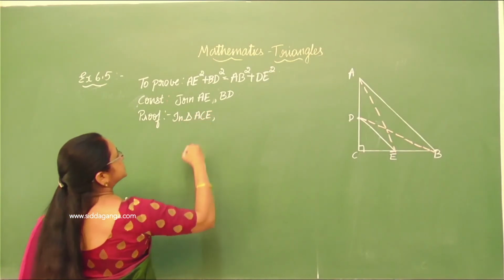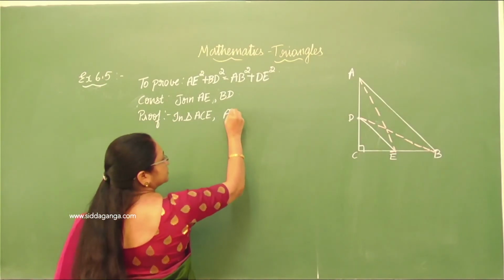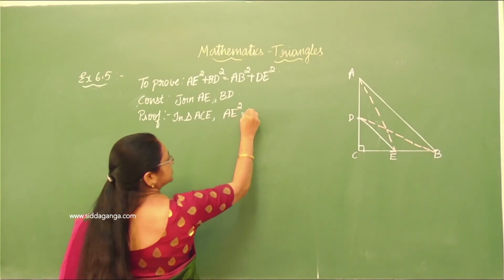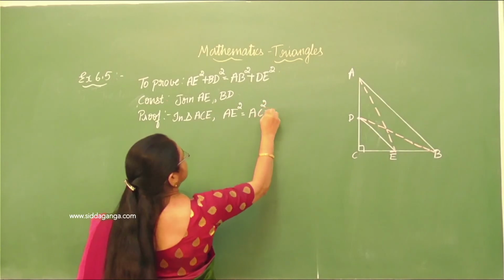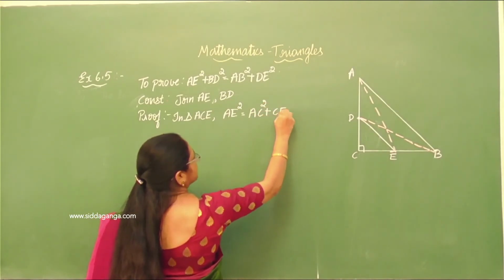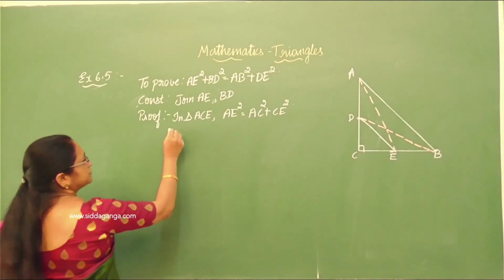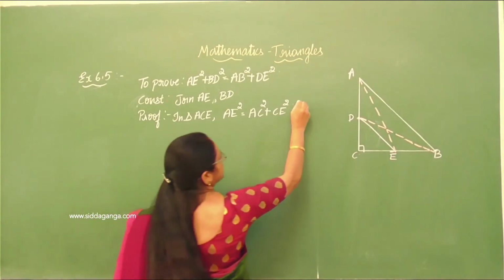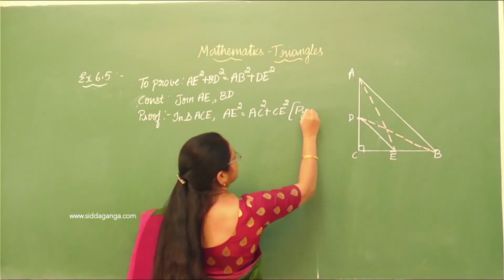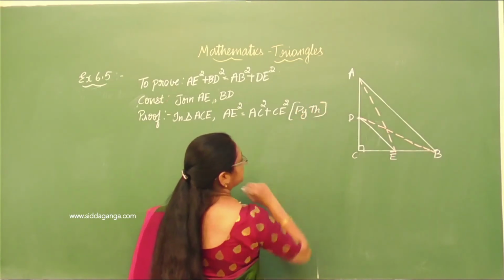In triangle ACE, AE square is equal to AC square plus CE square, by applying Pythagoras theorem.